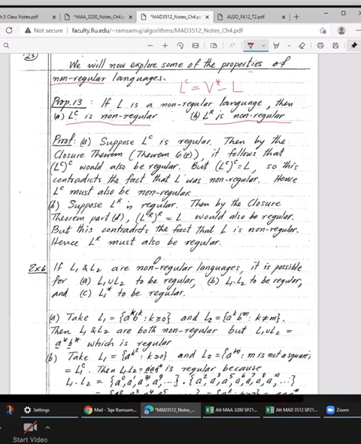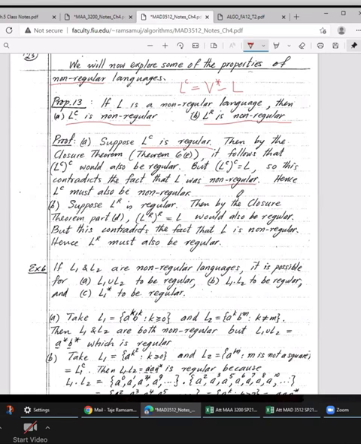Okay, so how do we know this is so? Well, the idea is simple. Suppose L complement is regular. I'm going to get a contradiction. Then by the closure theorem, it follows that the complement of L complement will also be regular. But the complement of L complement is equal to L. So this contradicts the fact that L was non-regular.